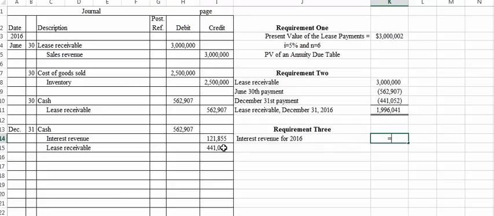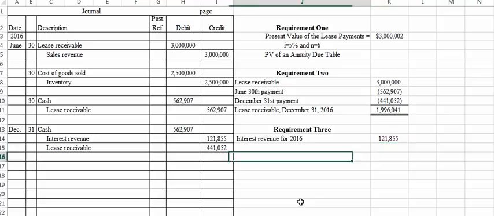It's equal to our credit here to interest revenue, $121,855. But also we have some gross profit. We got sales revenue less cost of goods sold.